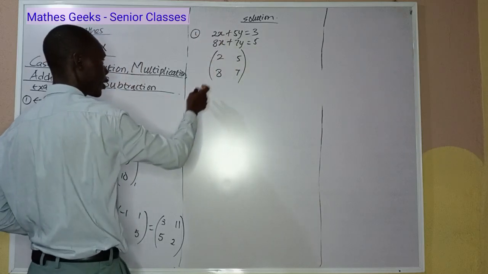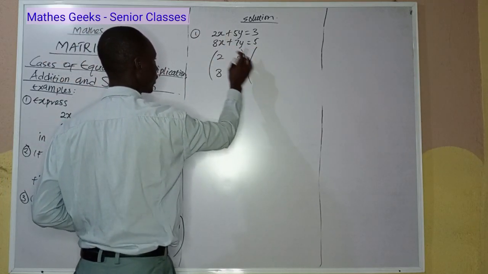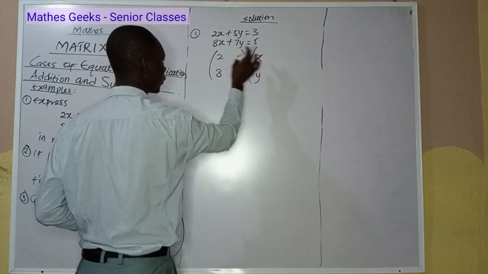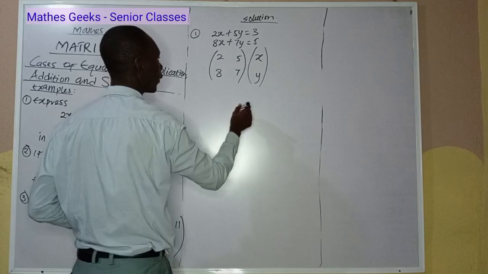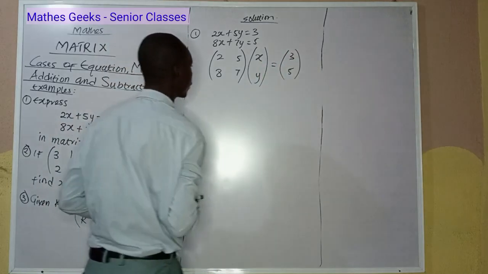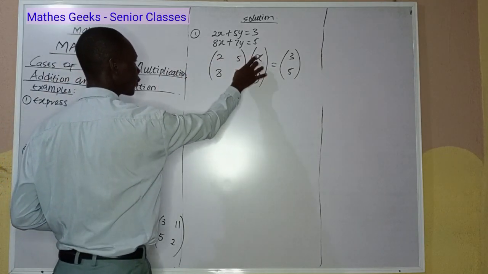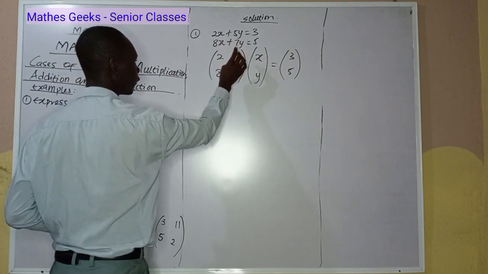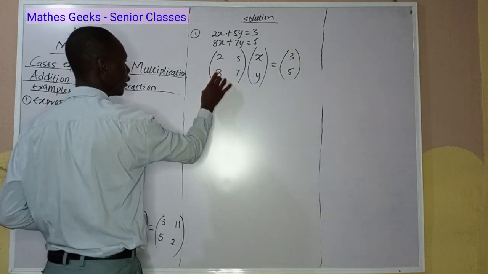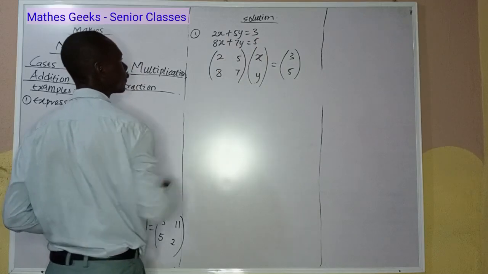Since we arrange it like this, this implies that this part is x and y, such that we'll multiply 2 times x will give us 2x and then 5 times y will give us plus 5y. Here 8 times x will give us 8x, 7 times y plus 7y, equals 5.